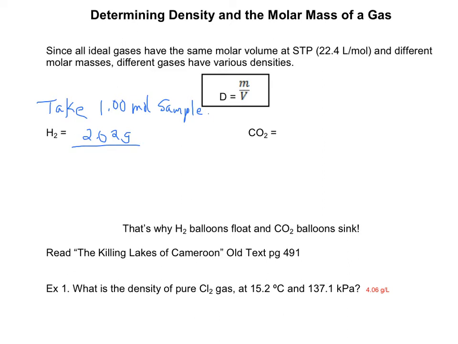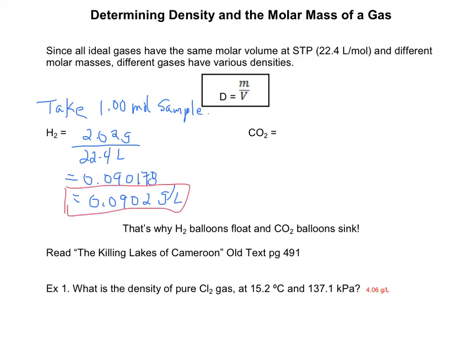And the volume, because I have a 1 mole sample at STP, would be 22.4 liters. I can round this answer to 3 sigdigs. This is much less than 1 gram per liter. That means that hydrogen gas samples float.